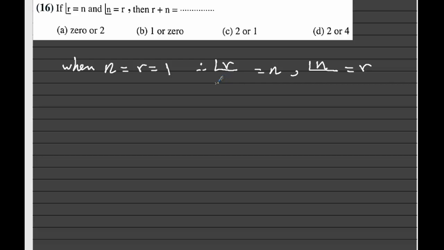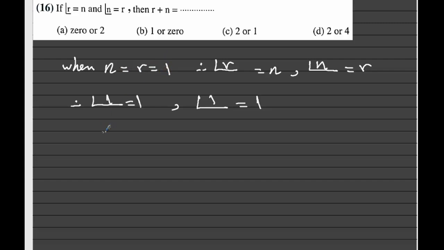Substitute r equals 1, so factorial 1 equals 1. Also substitute n equals 1, we have factorial 1 also equals 1. So this condition is satisfied when n equals r equals 1.